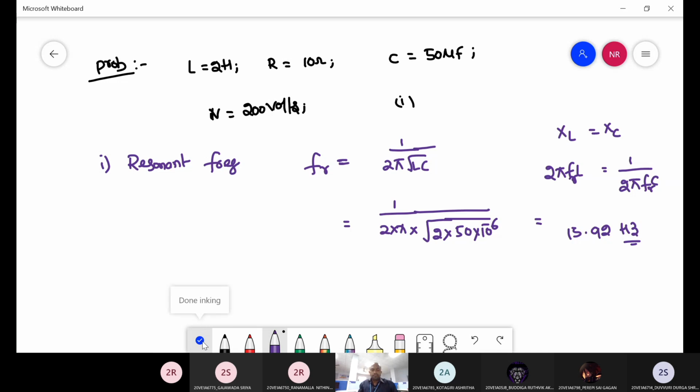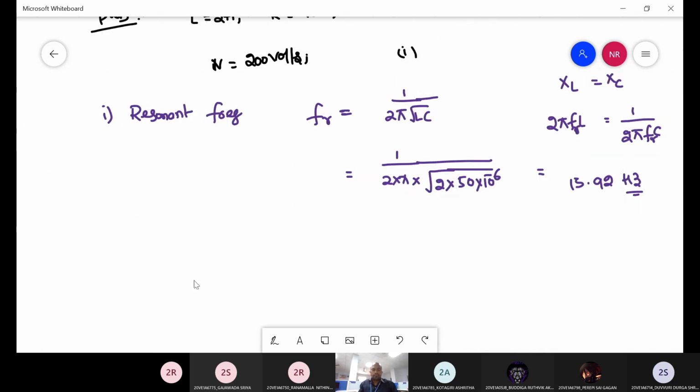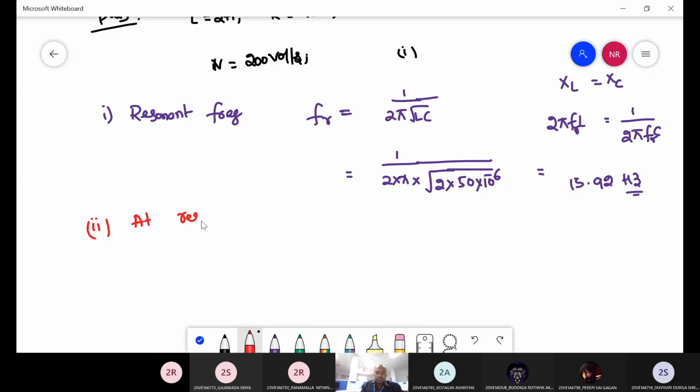Second bit. What did they ask? The current in the circuit at resonance. So at resonance, XL is equal to XC.